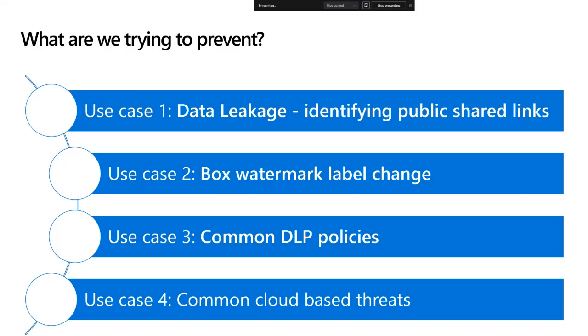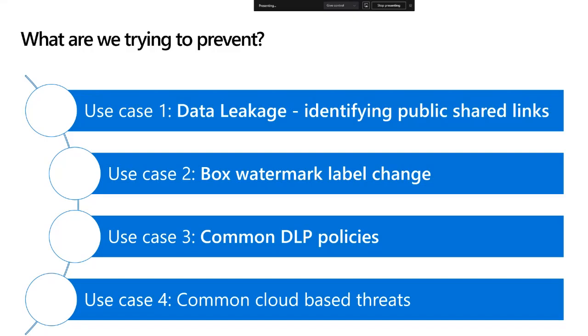The third is just around our common DLP policies, so creating policies to look for sensitive information types such as social security numbers, credit card numbers, and applying governance controls around them. And then lastly is our cloud-based threats, so again, leveraging our built-in detections to make sure we prevent things such as stolen accounts and compromised users.